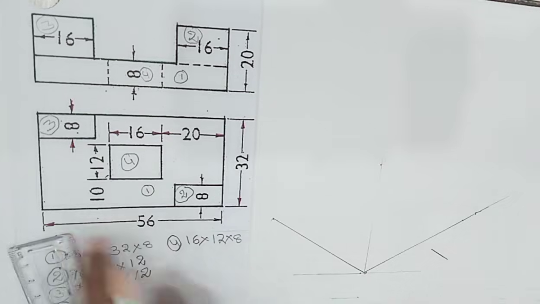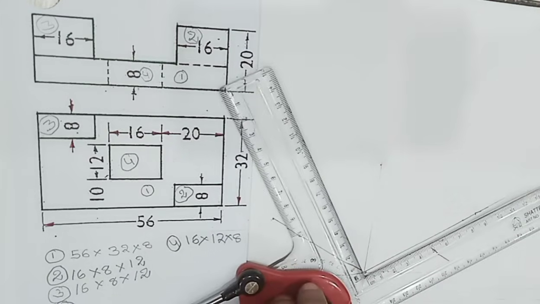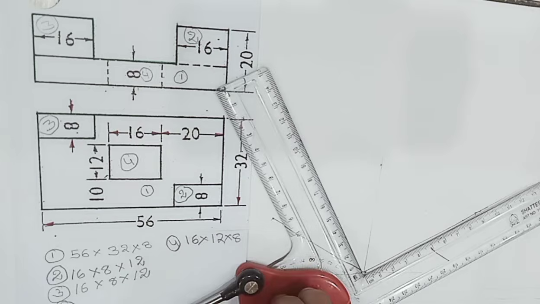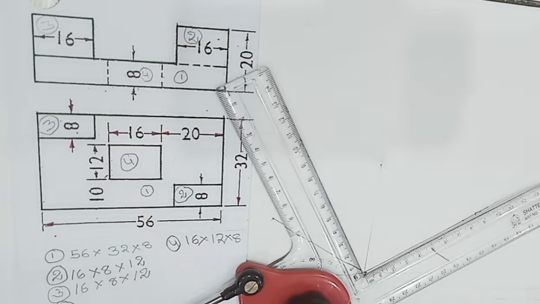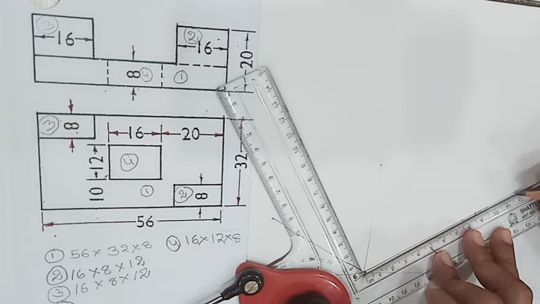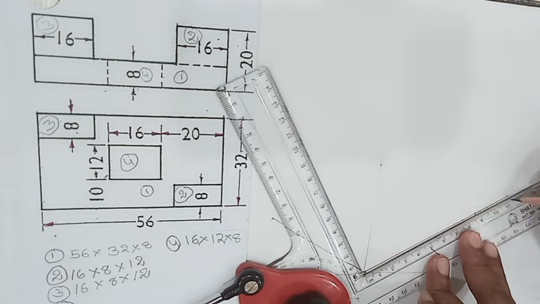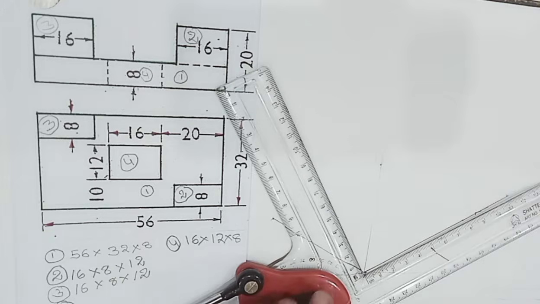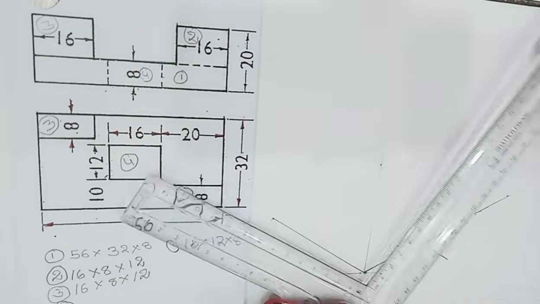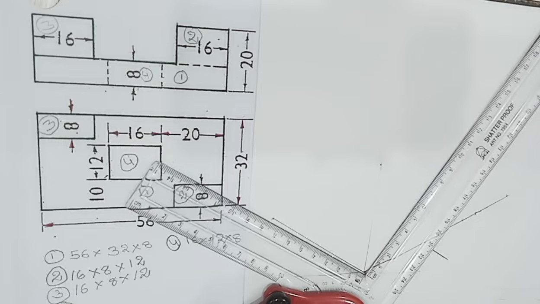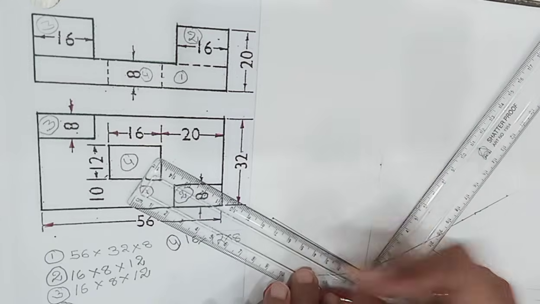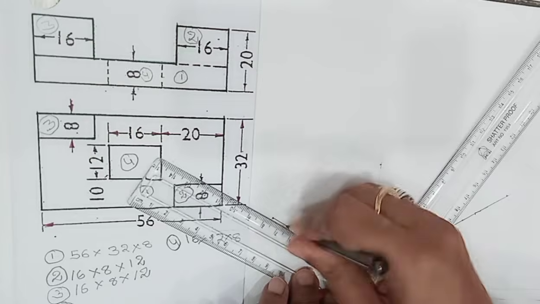Given length 56, here I am taking double scale, that is all dimensions I am multiplying with 2. 56 becomes 112, which is the length, and 64 is the breadth.